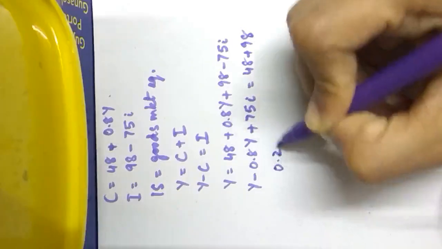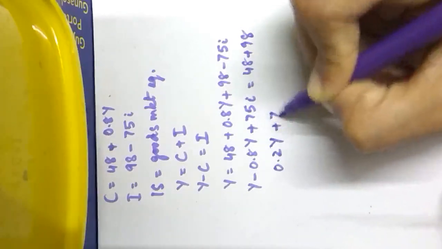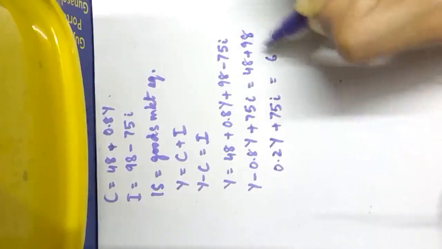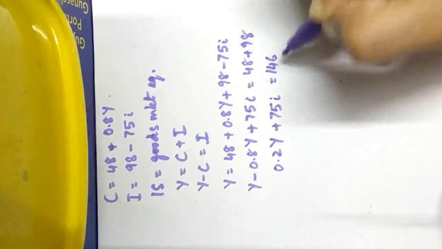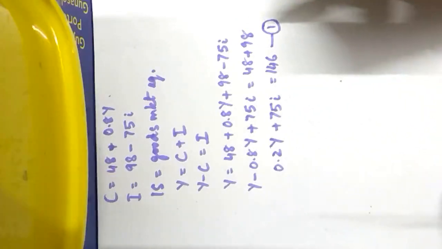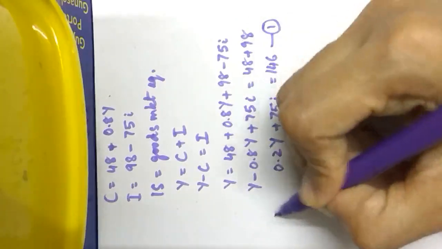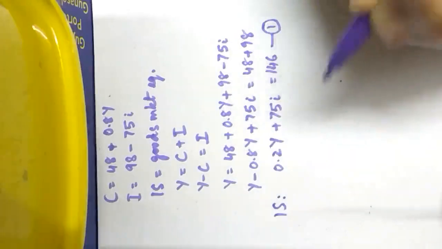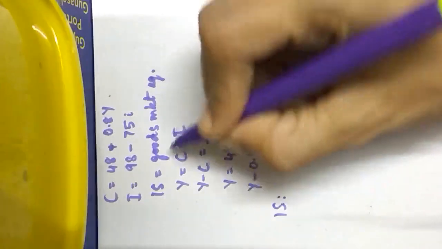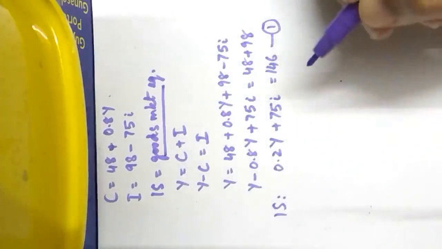That gives me 0.2 times Y plus 75 times i is equal to 146. This is my first equation, and this equation represents the IS curve, or the investment equals savings curve, or the goods market equilibrium.